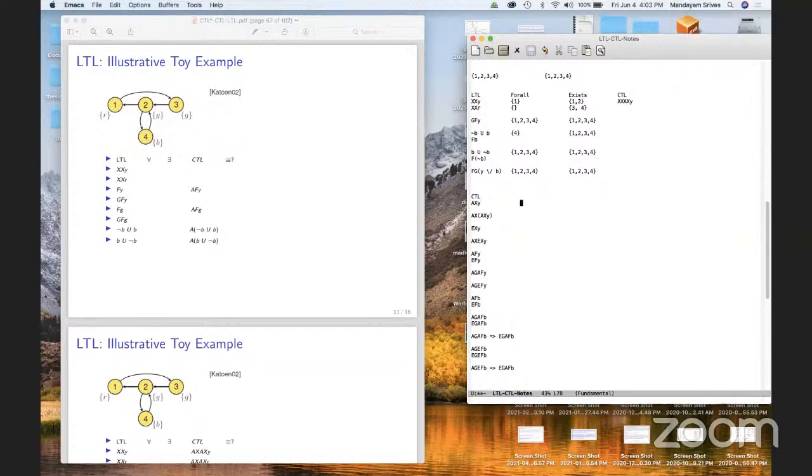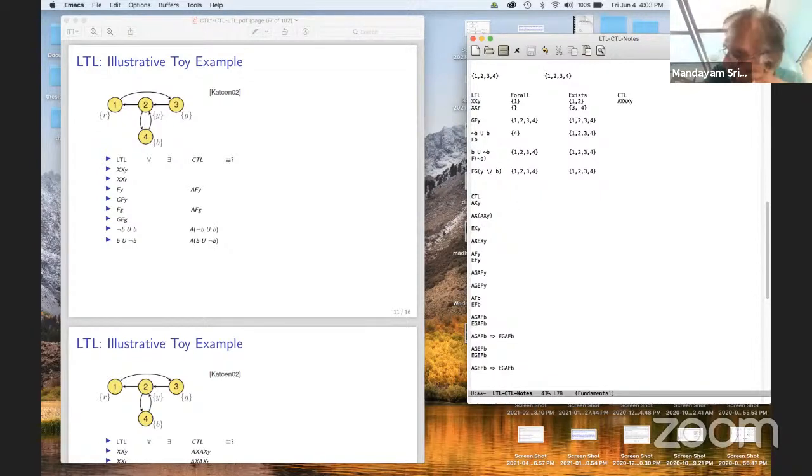Every path originating from state 3 satisfies this property. Answer me: these are satisfied by those states. What you gave is a description.